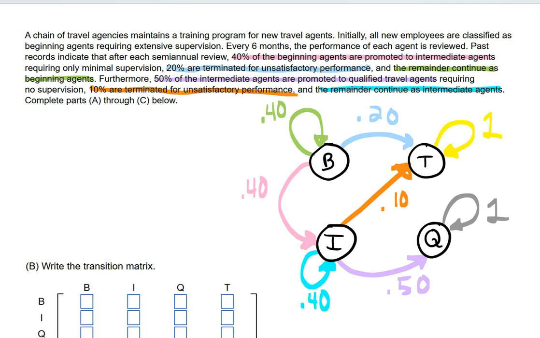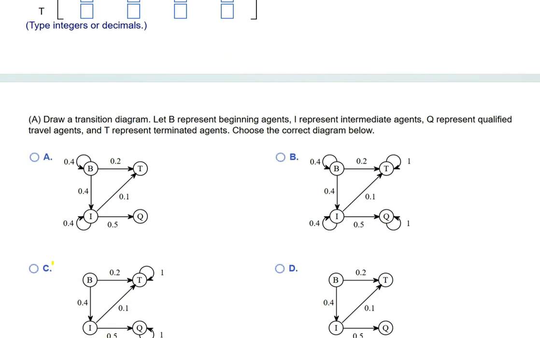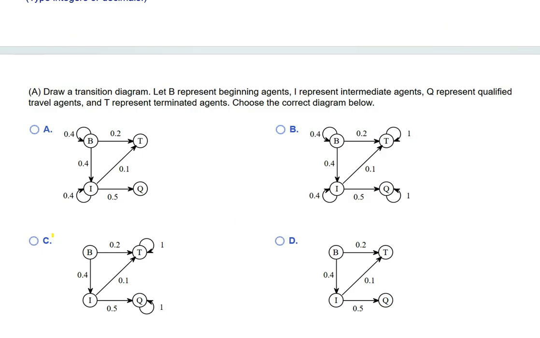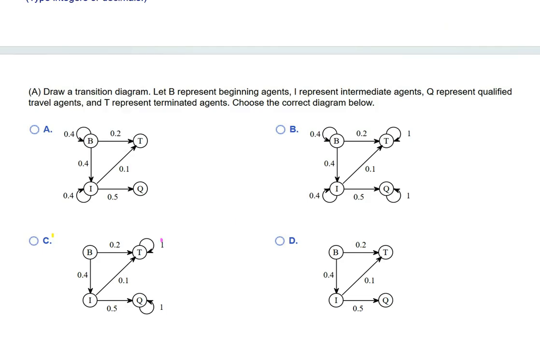Okay, so I noticed that I've got two that are absorbing, T and Q. And so in this picture, there's only two that show that. Use pink. This has a 1 here, and this has a 1. And this has a 1 off T, and this has a 1.